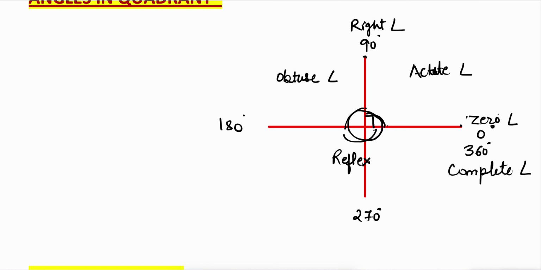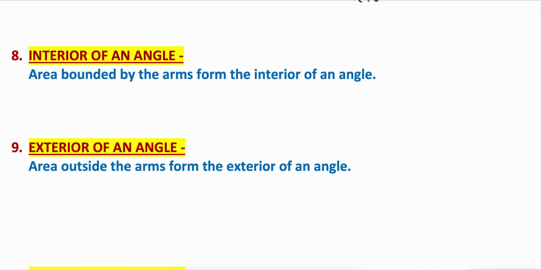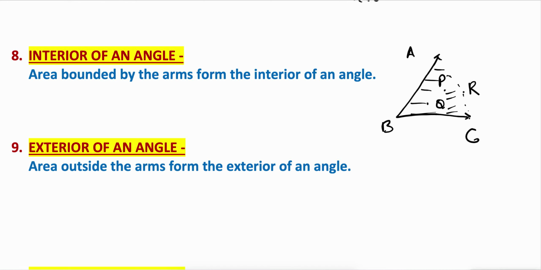Now let's see the last topic, the interior of an angle and the exterior of the angle. Suppose this is the angle ABC, and some points are here inside, P, Q, R. The area bounded by the arms forms the interior of the angle. So if the points are inside the arms ABC, these are called the interior of the angle.